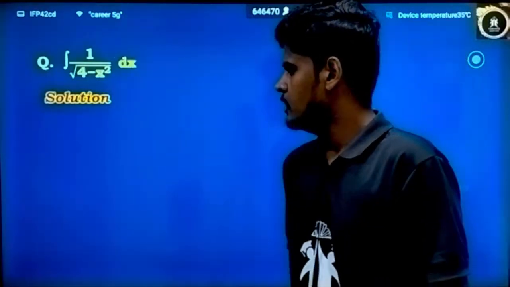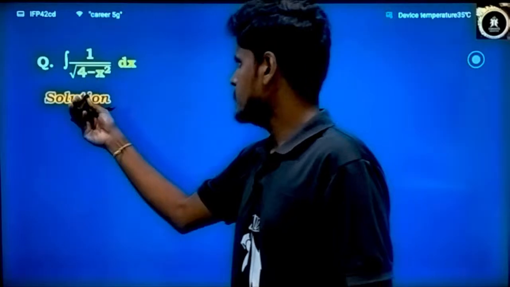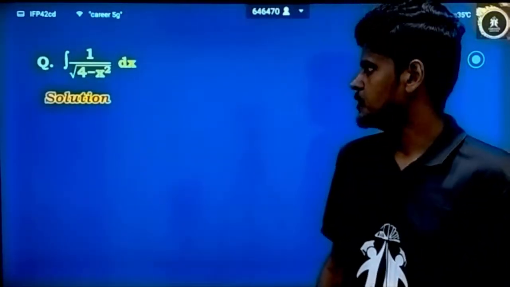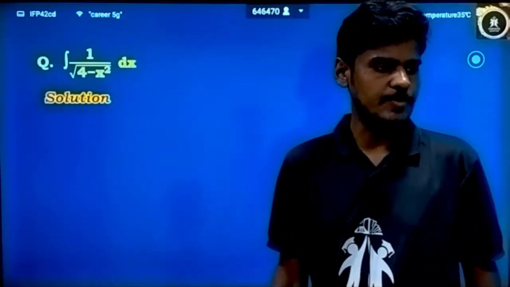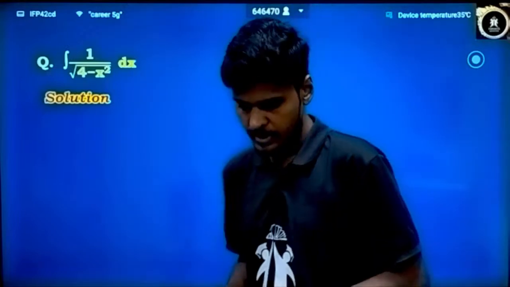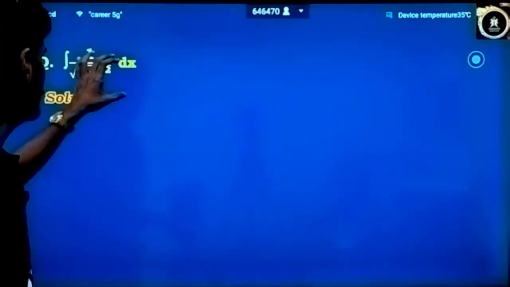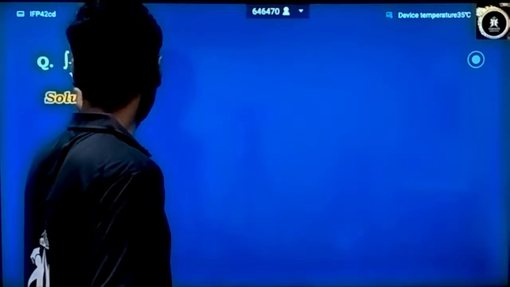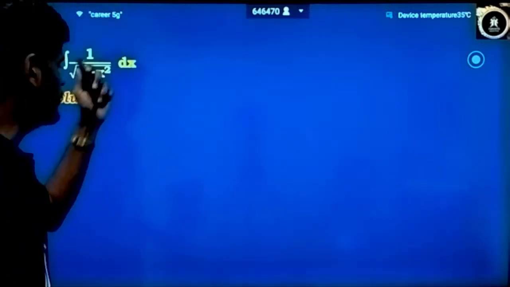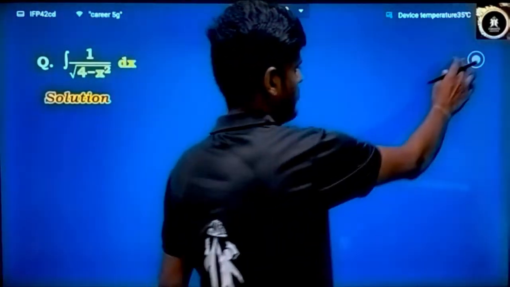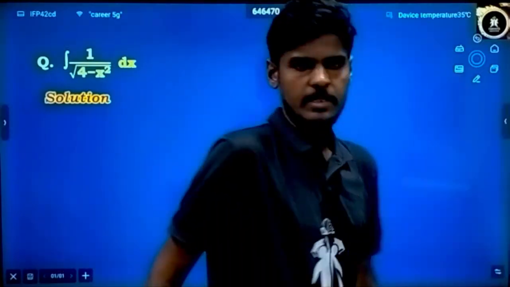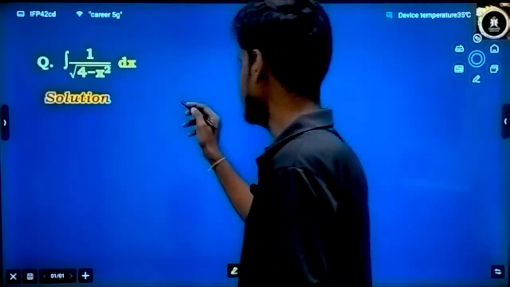So the question is, find the integral of dx by square root of 4 minus x square. Now how to solve this? First we have to identify in what form this question is given. It is of the form dx by square root of 4 minus x square. And what is the formula for that?